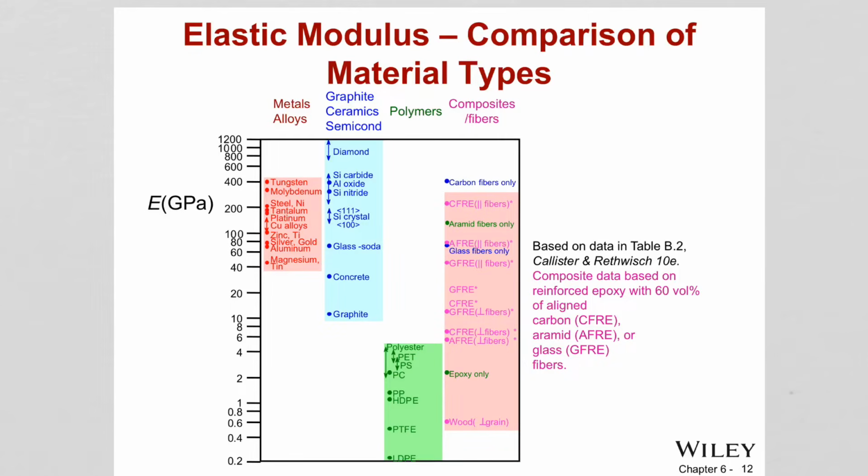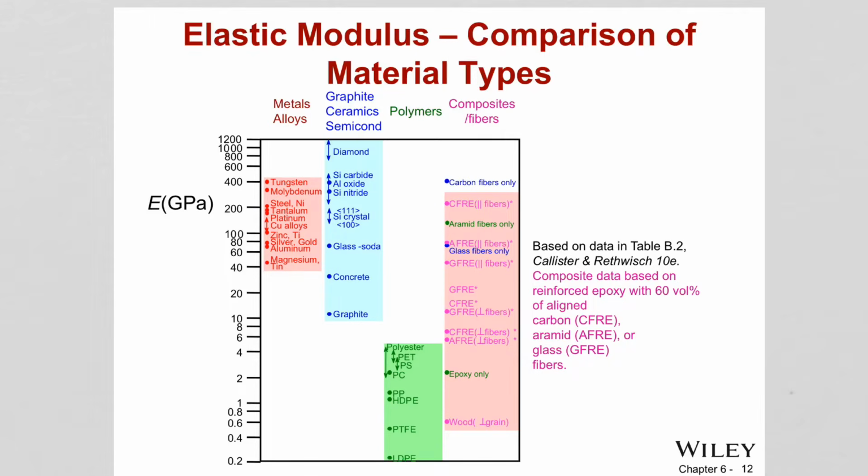So you guys need to understand, as I told you, Young's modulus is a property of the material, and it will change depending on what type of material you have. It originates from the atomic bonding between the atoms, the strength of it.